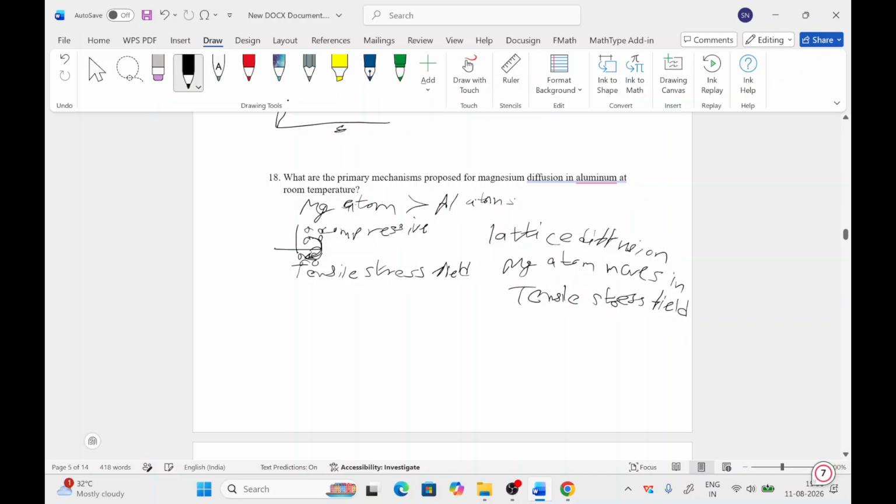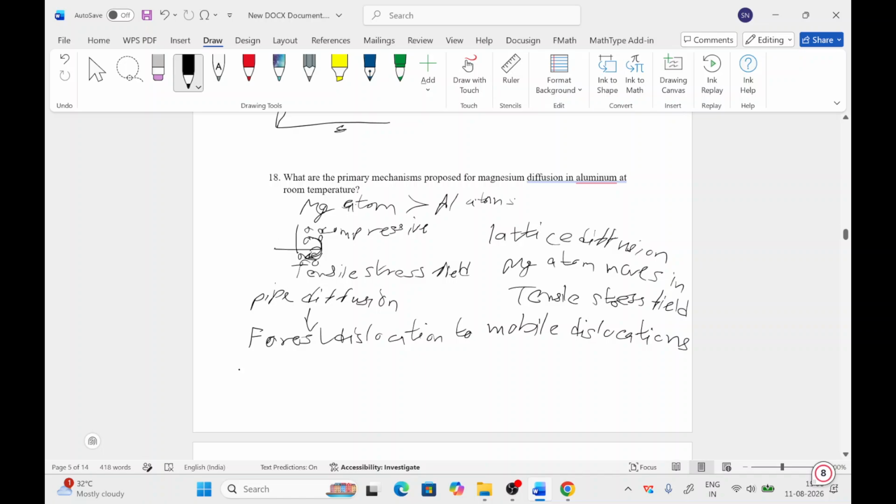Okay, but there is one more type of diffusion, which is called pipe diffusion. Pipe diffusion occurs from the forest dislocation to the mobile dislocation. The forest dislocation provides the path through the dislocation core.